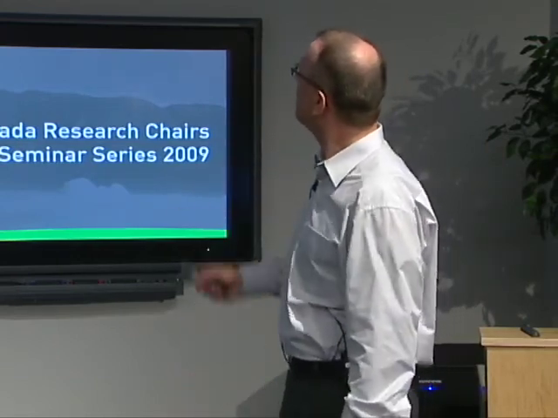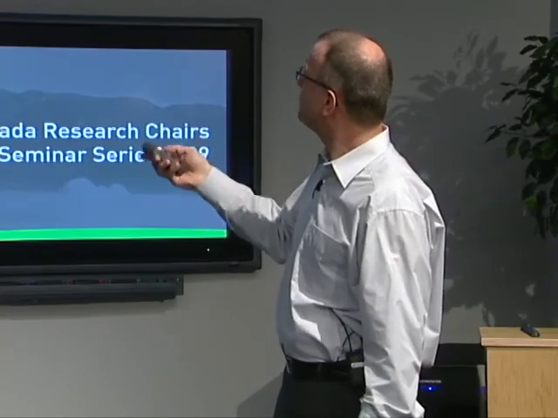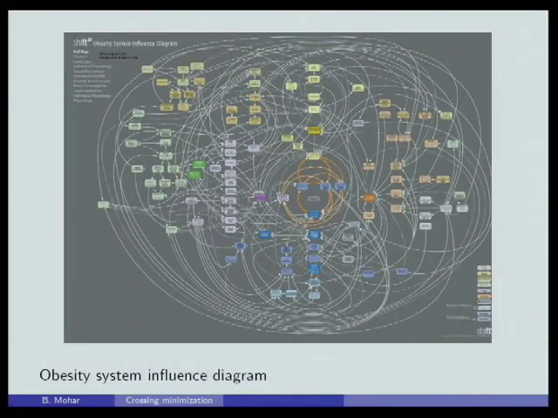So this is a graph of some kind of classification of diseases, and you see this mathematical task of making this graph nice and readily visible. Here's another graph with lots of edges. It's just related to some research done on obesity, how the different factors influence each other for obesity. It's a quite complicated graph, I would say.